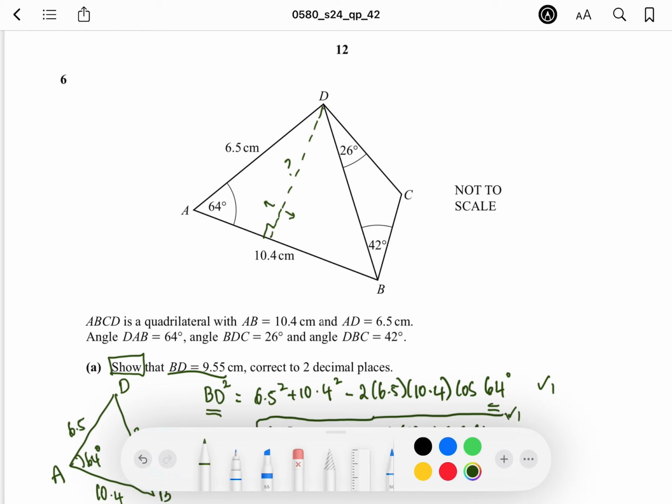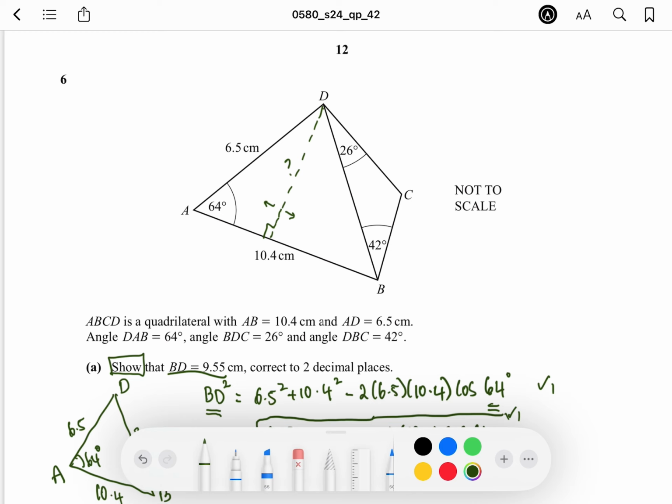Kenapa anda dapat pakai Pythagoras? Bukan separuh. Again, we already discussed this one. It's a misconception that it is tengah-tengah. Kenapa kita ni dia dapat pakai Pythagoras? Okay. And the other reason is the 10.4 is not the 10.4 for that particular triangle. 10.4 is the whole thing, right?